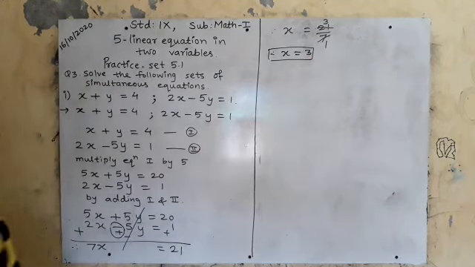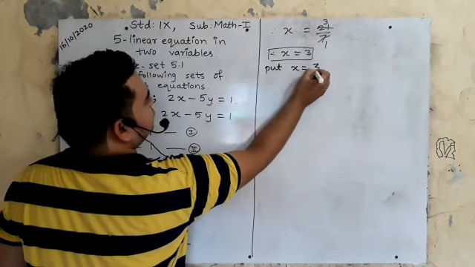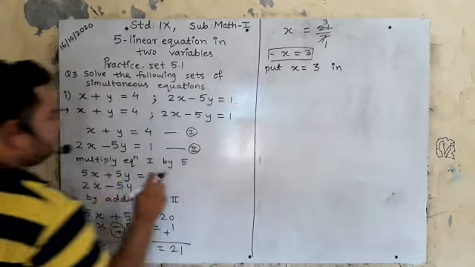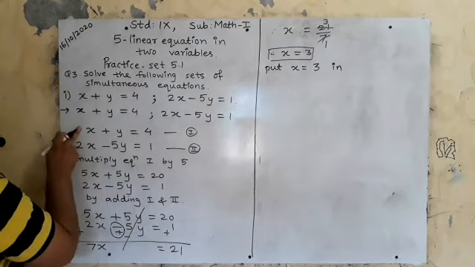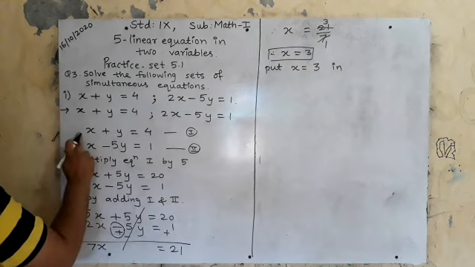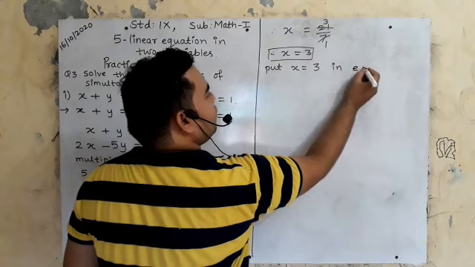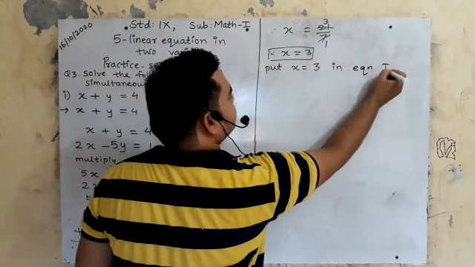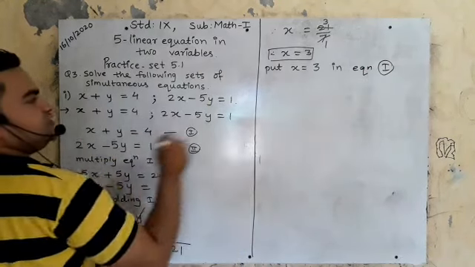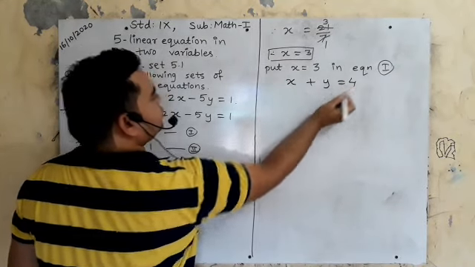Now what you will do? Put x is equals to 3 in one of the equations. You have two equations, first and second. Which one is easy? Here the first one is easy. So I will write: put x is equals to 3 in equation 1. The first equation is x plus y is equals to 4.